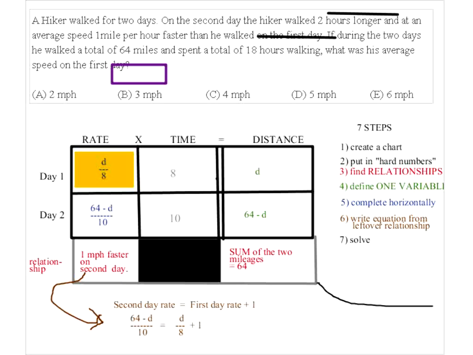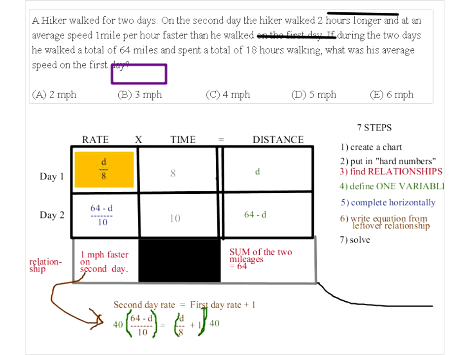Okay. Yeah, you get rid of the denominators. Who knows what we multiply by to get rid of the denominators? Common denominator. Common denominator is 40. So we need to multiply both sides by 40. That's what you do.